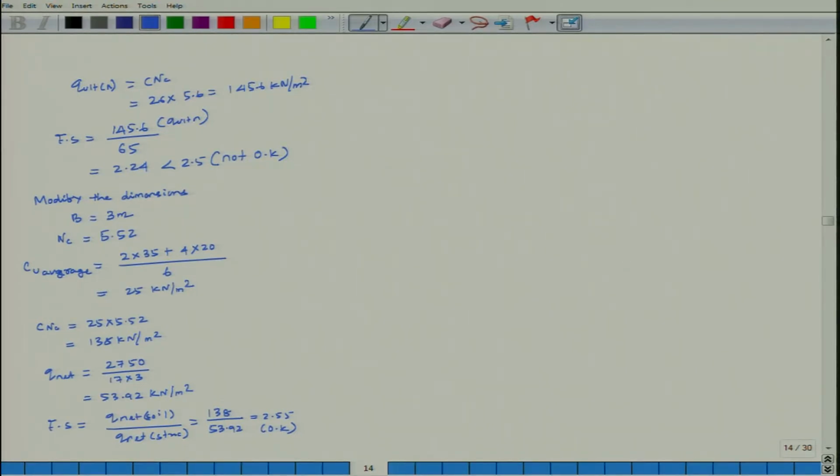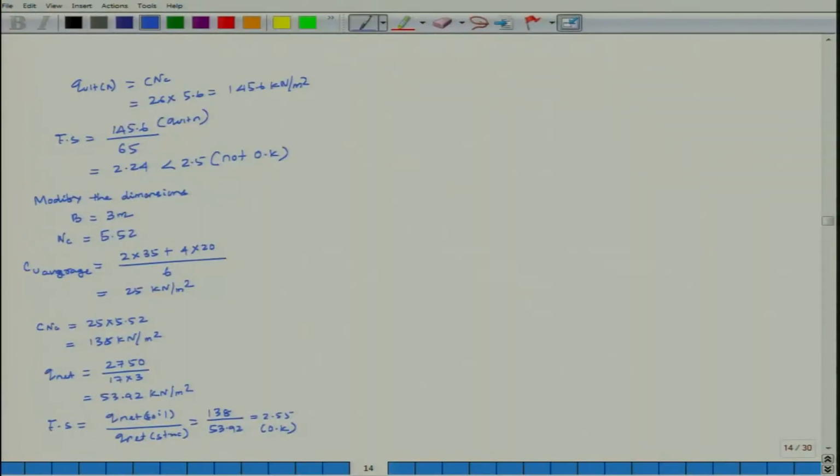So, let us go to the other part. What are the things to be done? Bearing capacity part is okay. Now, we will go for the settlement part. For the settlement part, check for settlement, that means what are the things that have been given.